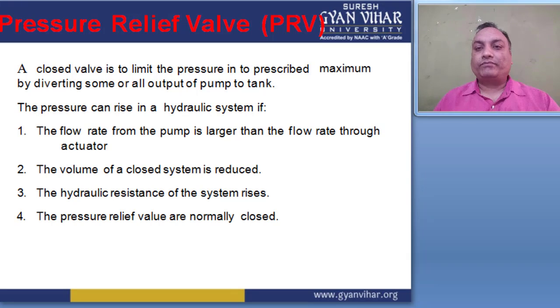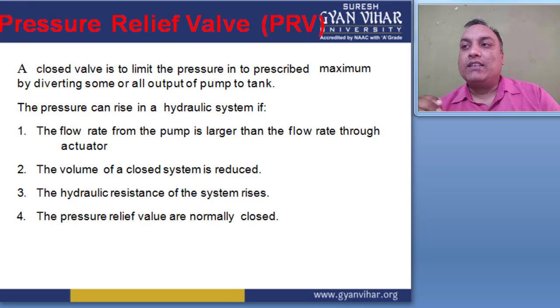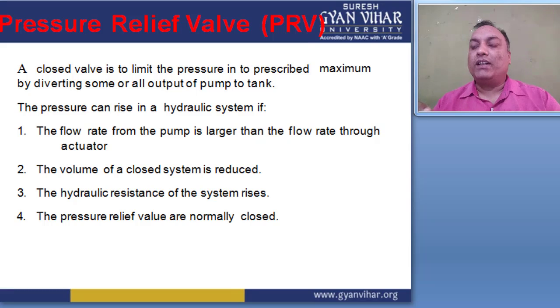When the set pressure is exceeded, the relief valve becomes a path of least resistance, as the valve is forced open and a portion of the fluid is diverted through an auxiliary route.